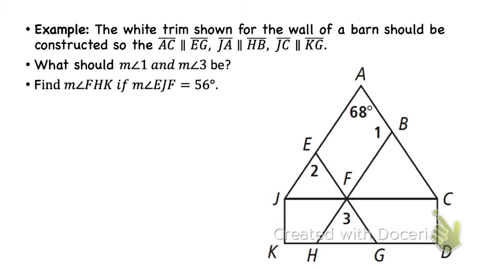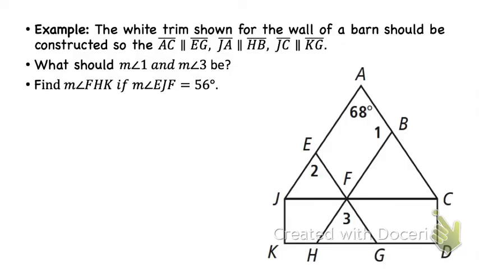So I have AC is parallel to EG. Let me go back, I forgot to turn on my pen. So AC is parallel to EG. And then AJ is parallel to HB.